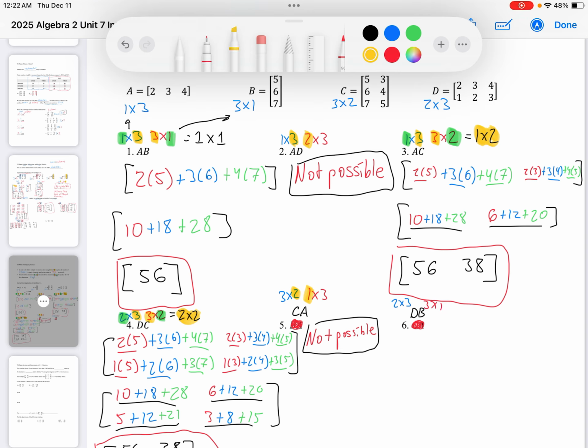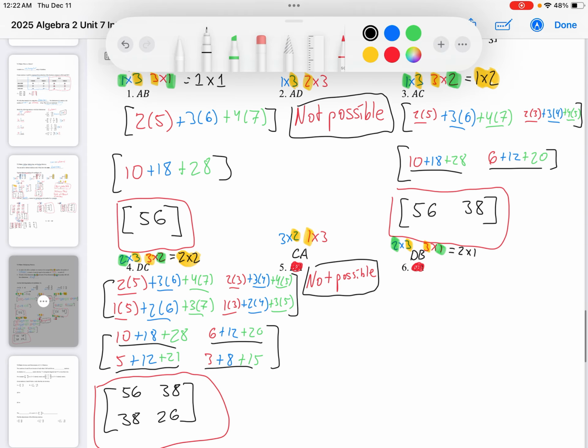So looking at their middle numbers here, the columns from D and the rows of B are the same, and so these ones will be able to be multiplied together, and we should get a 2 by 1 matrix as a result. So this should equal a 2 by 1 matrix. So let's look at what we get when we do that.